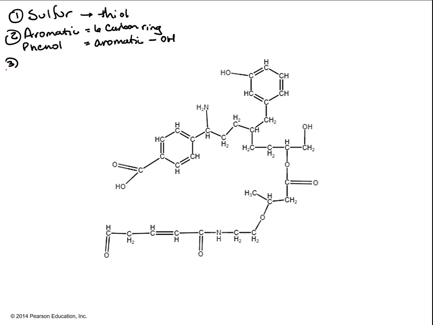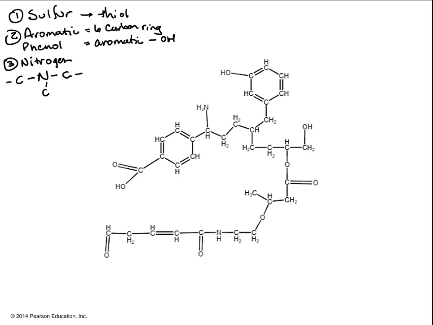The third one that I would look for is a nitrogen. Find nitrogens because they're going to be an amine or an amide. If I find a nitrogen and any carbons around it have no oxygens, okay?